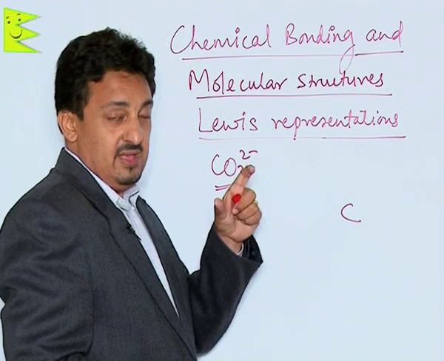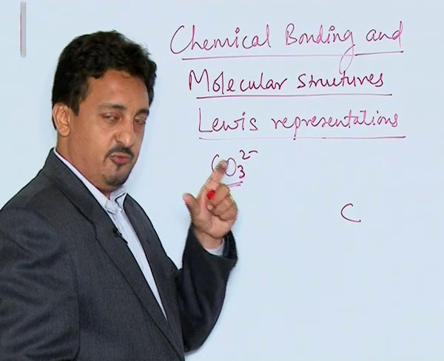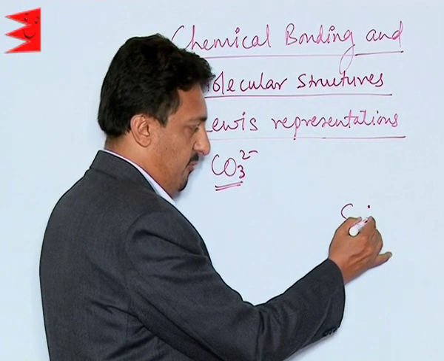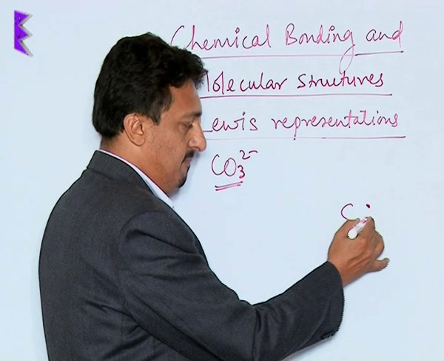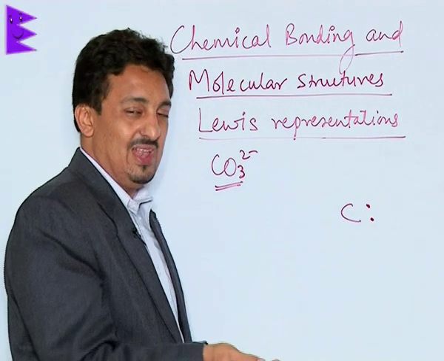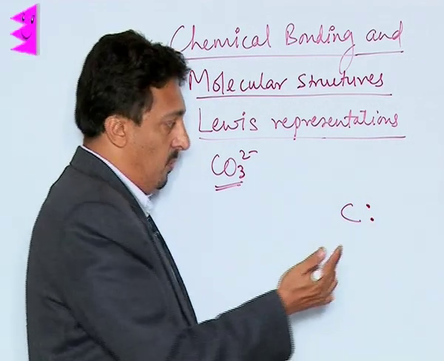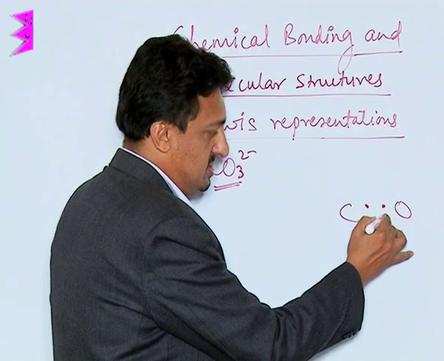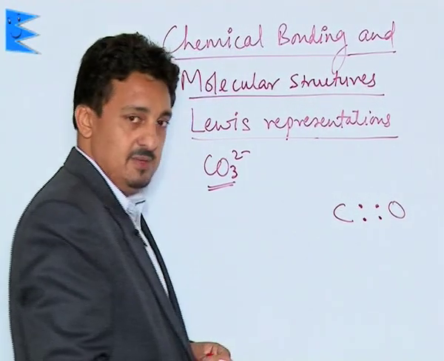We know carbon has 4 valence electrons, so definitely it will form 4 bonds. Now oxygen needs 2 electrons. So one oxygen shares its 2 electrons with the carbon.